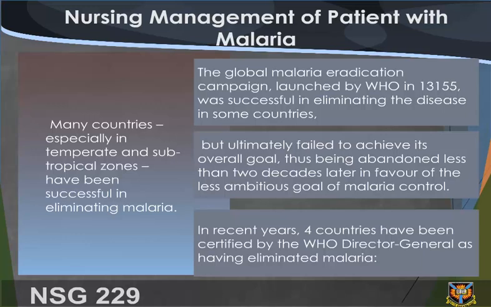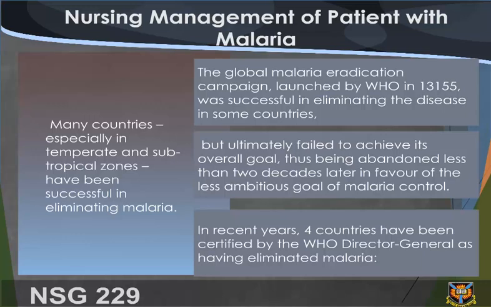The Global Malaria Eradication Campaign, launched by WHO in 1955, was successful in eliminating this disease in some countries, but ultimately failed to achieve its overall goal, thus being abandoned less than 2 decades later in favor of the less ambitious goal of malaria control.